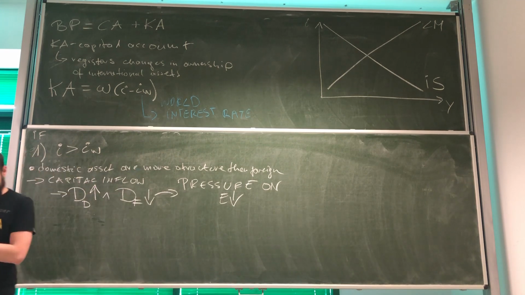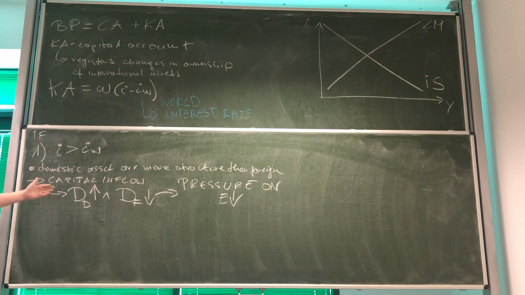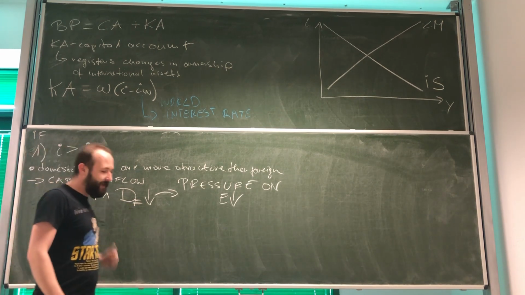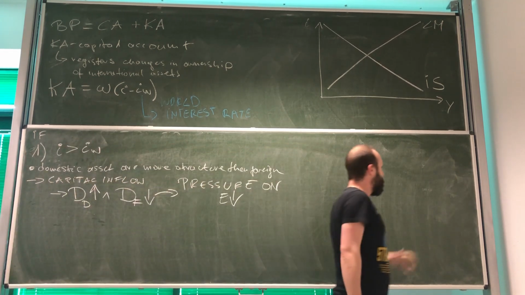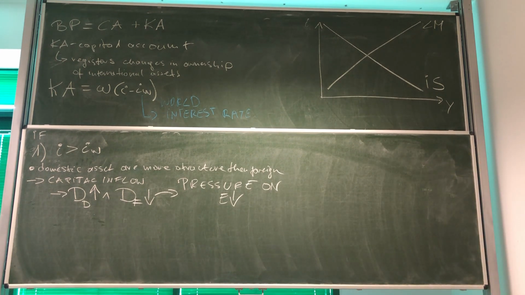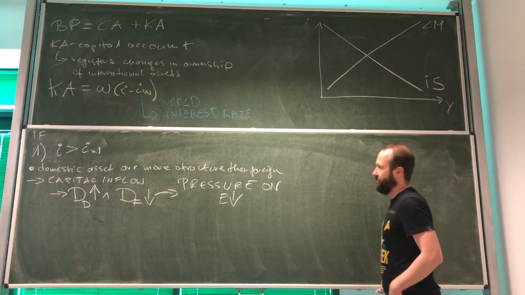Why pressure on appreciation here? Because if there is higher demand for our currency and lower demand for foreign currency, we expect that the change in the currency will be causing an increase in the value of the domestic currency.